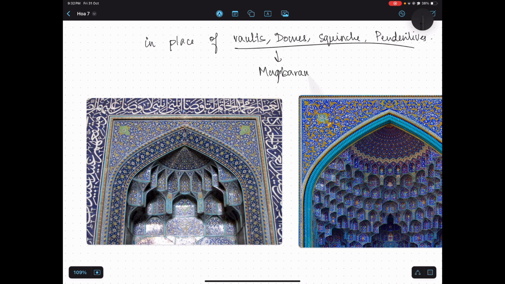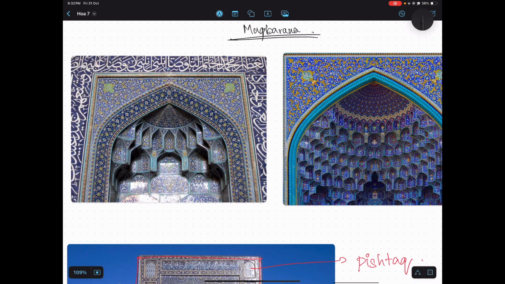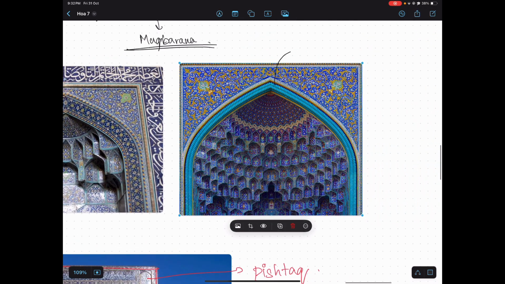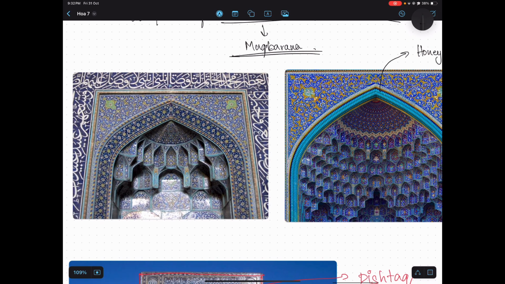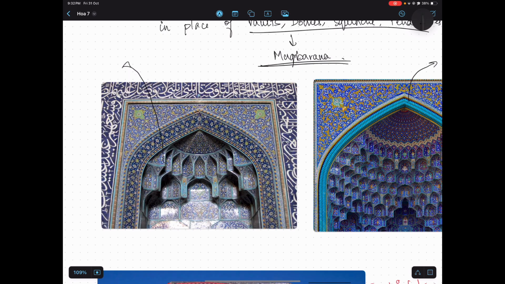Now these mukbarana can be in two categories. One is this, which is a honeycomb carving here, and the other is this, which is a stalactite carving.